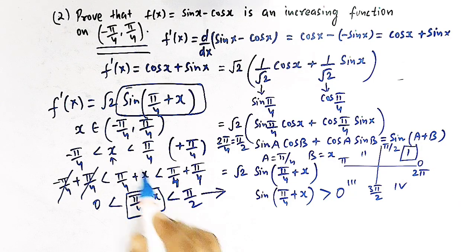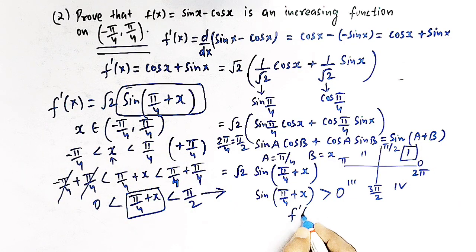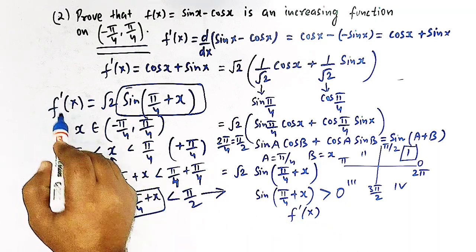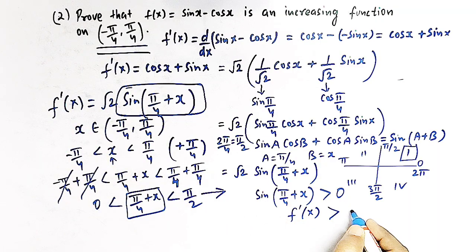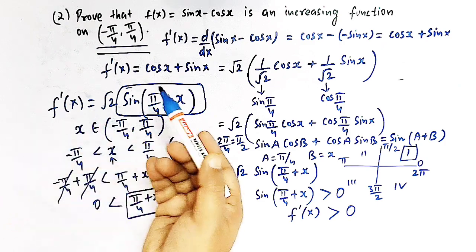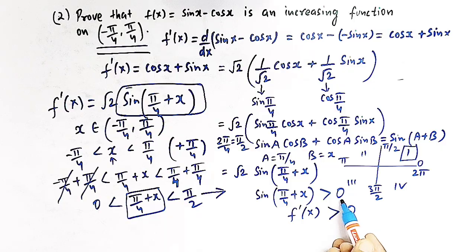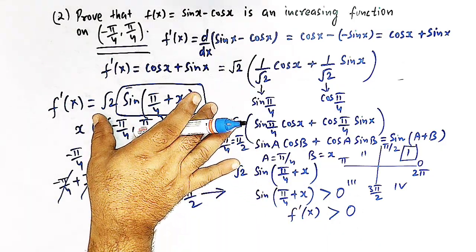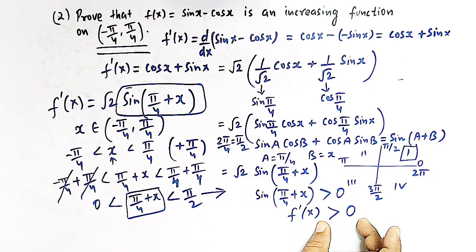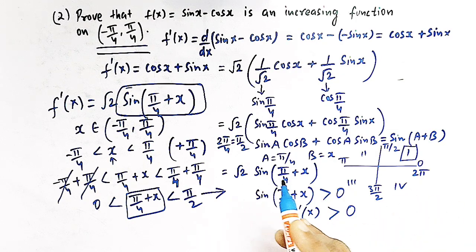So this term sine of pi by 4 plus x is greater than 0, because this angle lies in the first quadrant. So we can now conclude that our derivative f prime of x is also greater than 0, because square root of 2 is already greater than 0, and sine of pi by 4 plus x is greater than 0. So this product is greater than 0, and this is the condition for an increasing function, right?